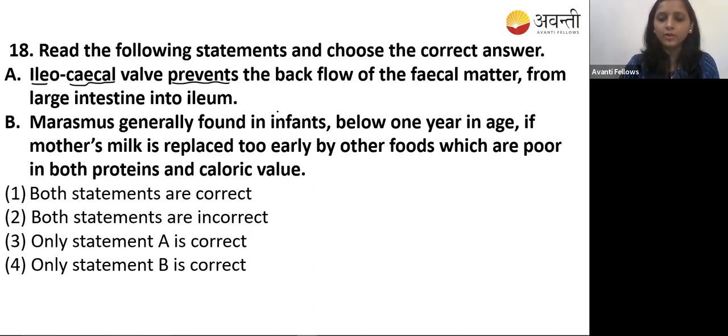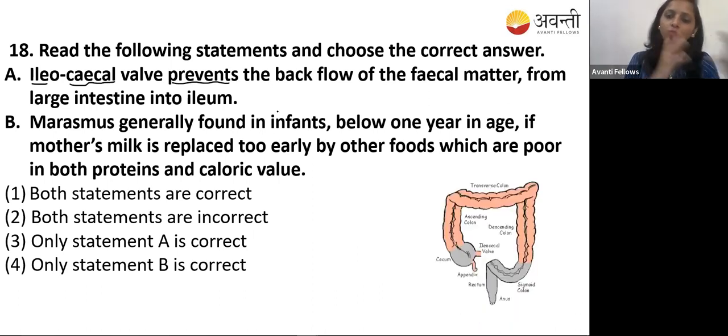What they are telling, so here you can see the structure. The small intestine is made up of three main parts, right? Ileum is the last part. The ileum is connected to the large intestine. That structure we call the cecum. Here you can see the ileum connected to the cecum.